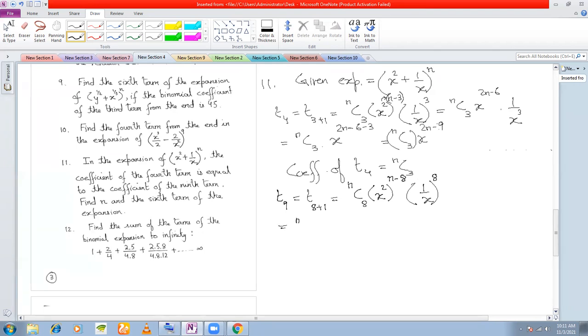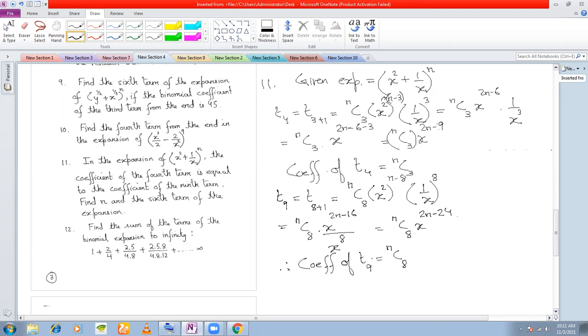So this is NC8 into x to the power of 2n minus 16 divided by x to the power of 8, which is equal to NC8 x to the power of 2n minus 24. So therefore, what is the coefficient here? Coefficient of T9 is equal to NC8.